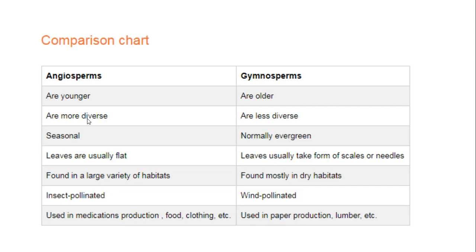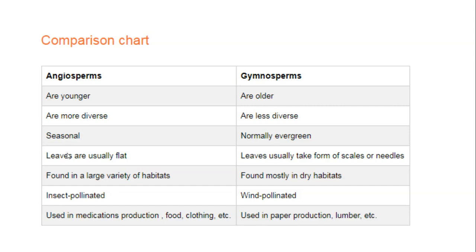So on your chart, I want you to write 300,000. For gymnosperms, you are less diverse, so you only have 1,000 known species on this planet that we know of. And like we're always finding new things and discovering new things, so that could change. But generally, we have about 1,000 known species on Earth. Okay, don't worry about this one.